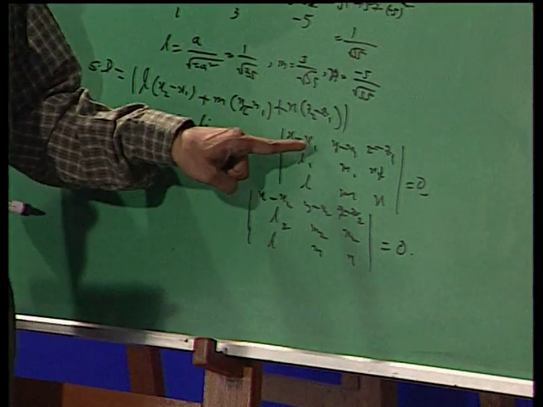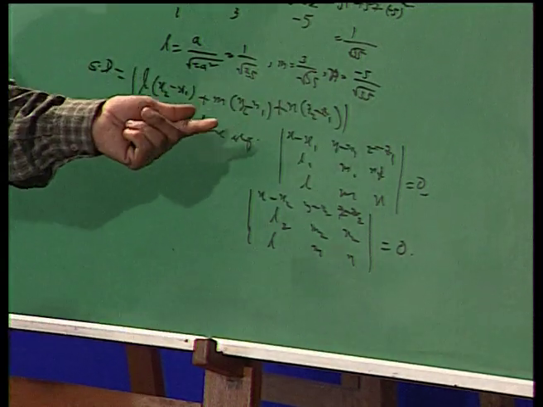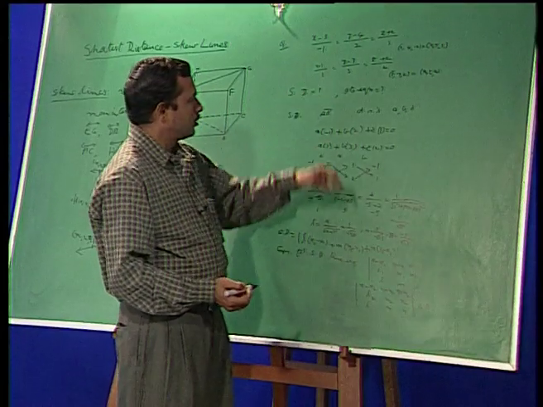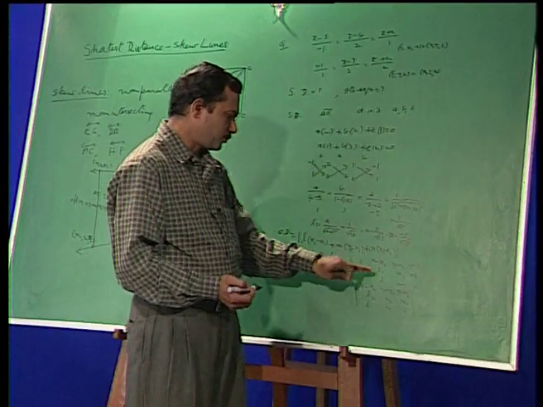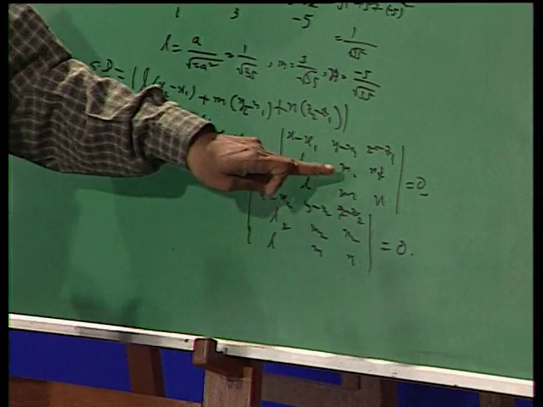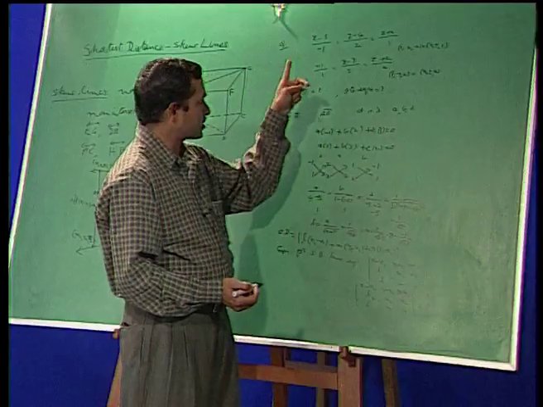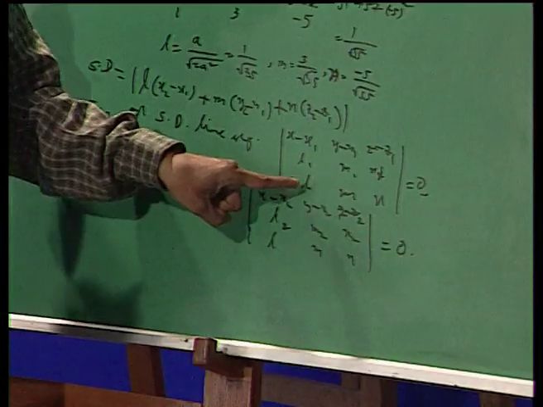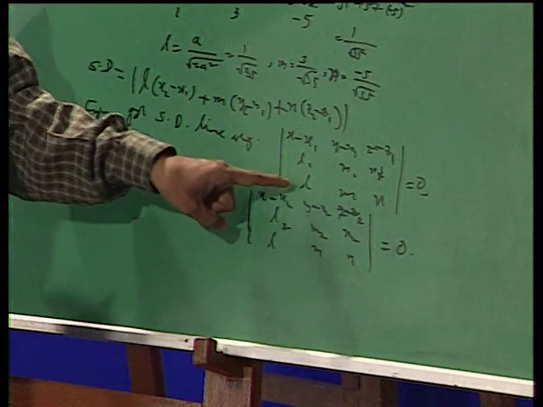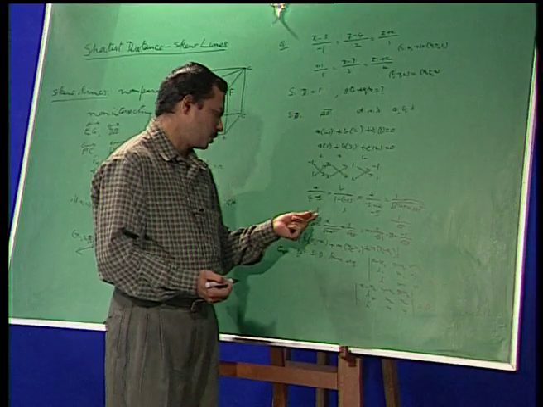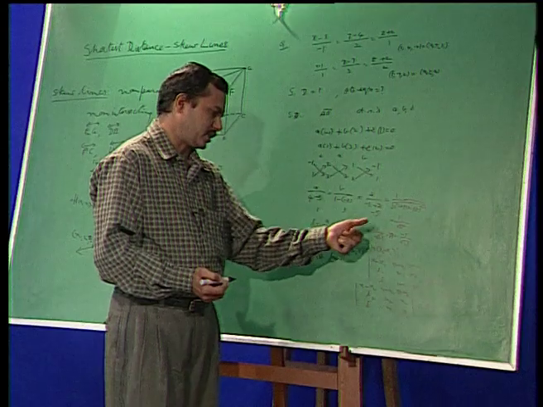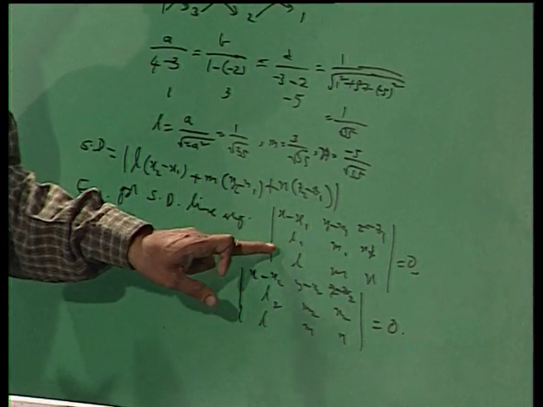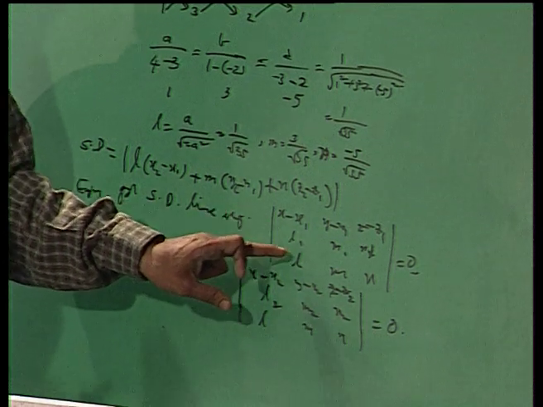Here x1, y1, z1 is a fixed point through which the first line passes. We may take it as 3, 4, minus 2, and l1, m1, n1 are the direction ratios of the first line, those are minus 1, 2, 1, and l, m, n may be taken to be the direction ratios of the shortest distance line segment, those may be taken to be 1, 3, minus 5. Now therefore, this is the equation of a plane.